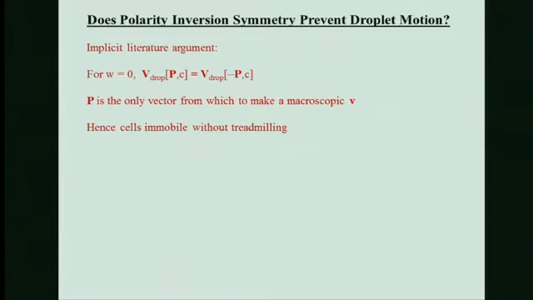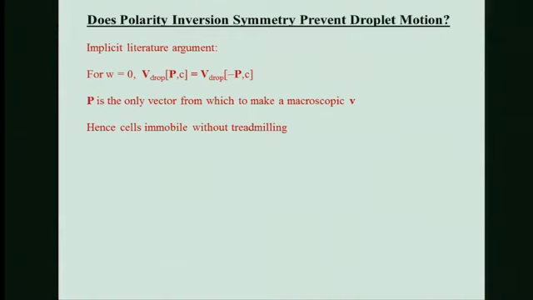If I don't have any self-advection, so I don't have any treadmilling, then if I have a certain droplet that's moving with speed v and it has a certain configuration of its polarization and concentration, and I change the sign of the actin orientation everywhere, then nothing changes. So v does not change sign. That's the important thing.